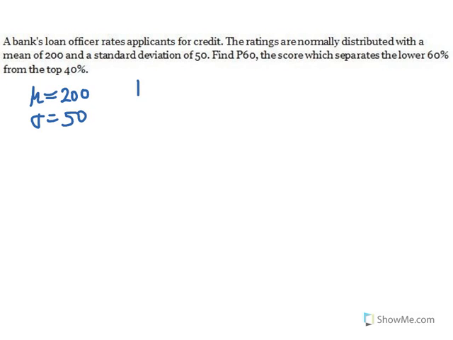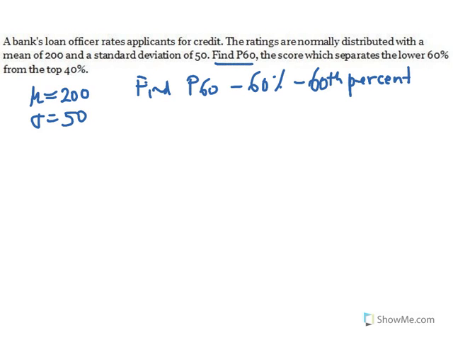So now we have to find P60, or the 60th percentile, or 60%. All of these are the same. When we talk about finding P60 or the 60th percentile, we're talking about finding the score that separates the lower 60% from the top 40%.